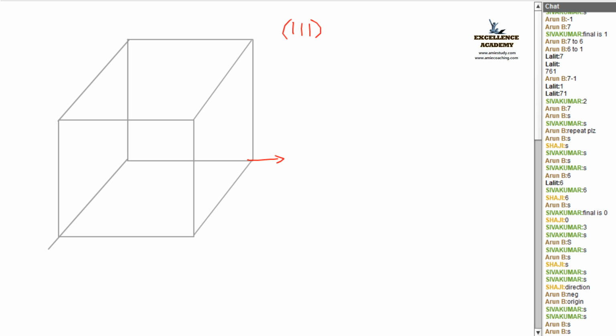Think about that. How will you plot? This is my x-axis, this is my y-axis, and this is my z-axis. And I am naming this as the origin. So this is the point 1, 2, 3, 4, 5, 6, and 7.